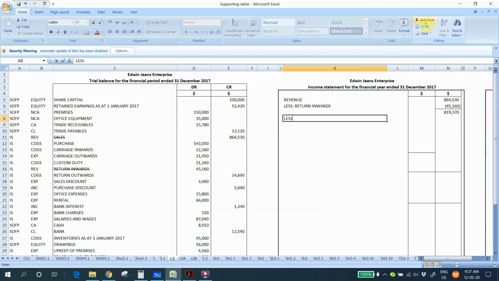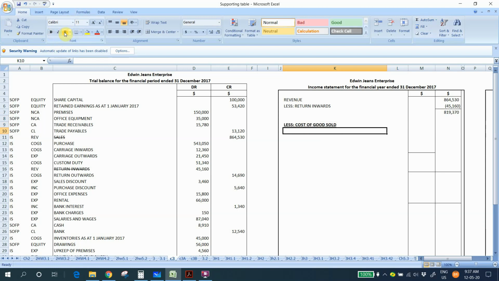Next, we have to less cost of goods sold. The first item in your cost of goods sold is opening stock, or we can say opening inventory.